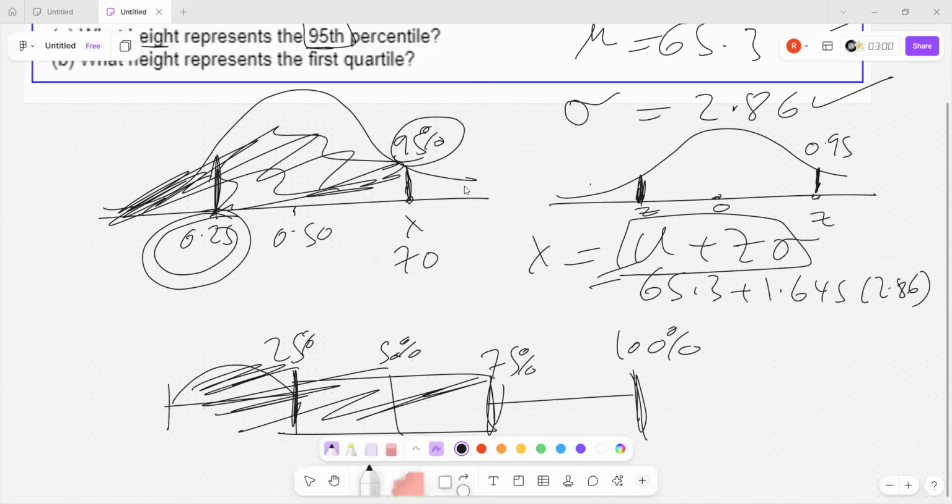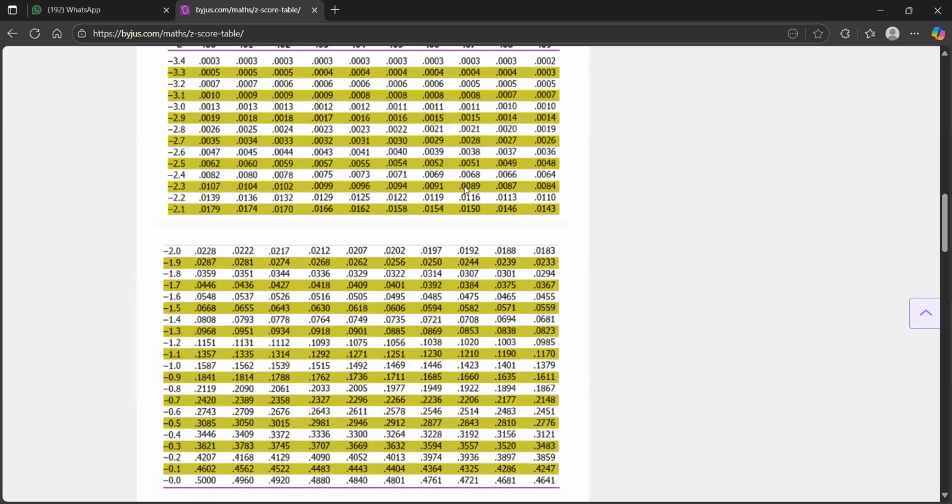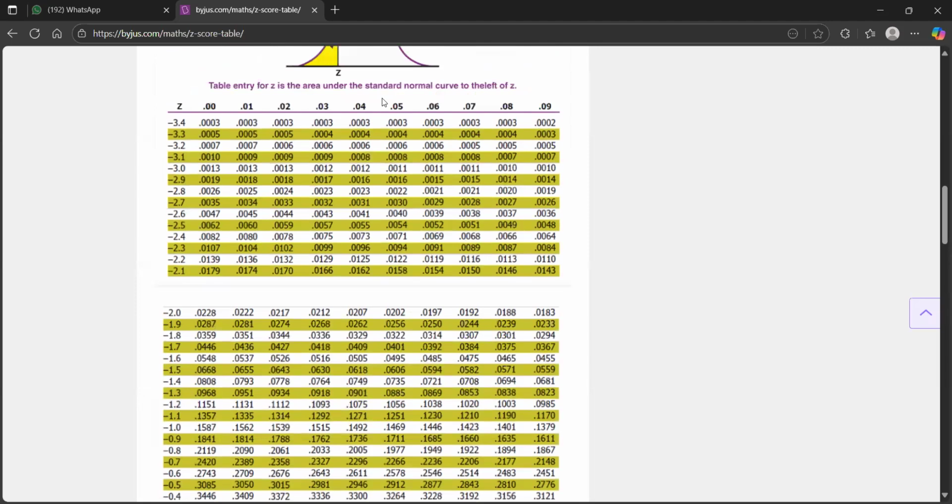Okay, so as I expected, it will be in the negative Z. Let's search deeply for 0.25. Oh, it's right there. It's negative 1.9 and 0.06.